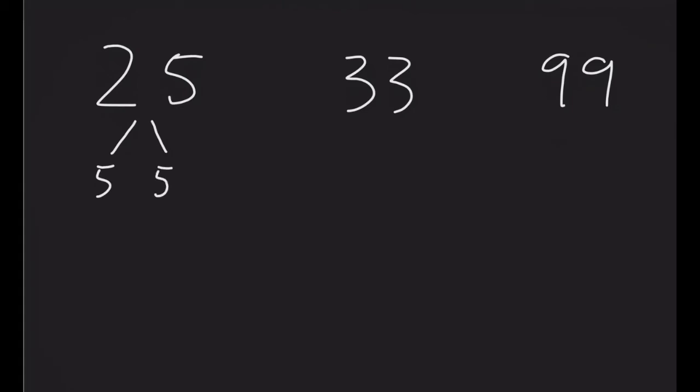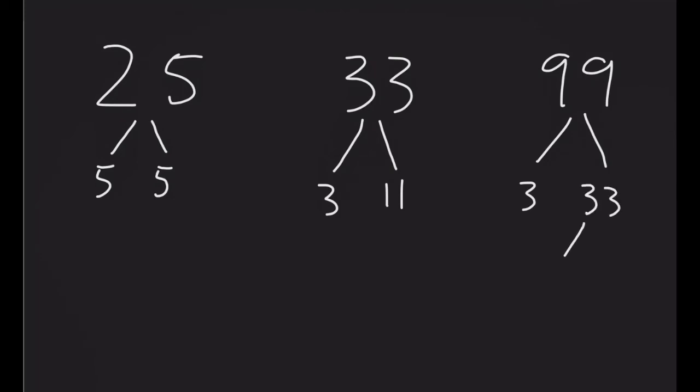They're both prime numbers. They can't be factored down anymore. 33 is 3 and 11, the same case. Then 99. This can be broken down into 3, 33, and then again 3 and 11.